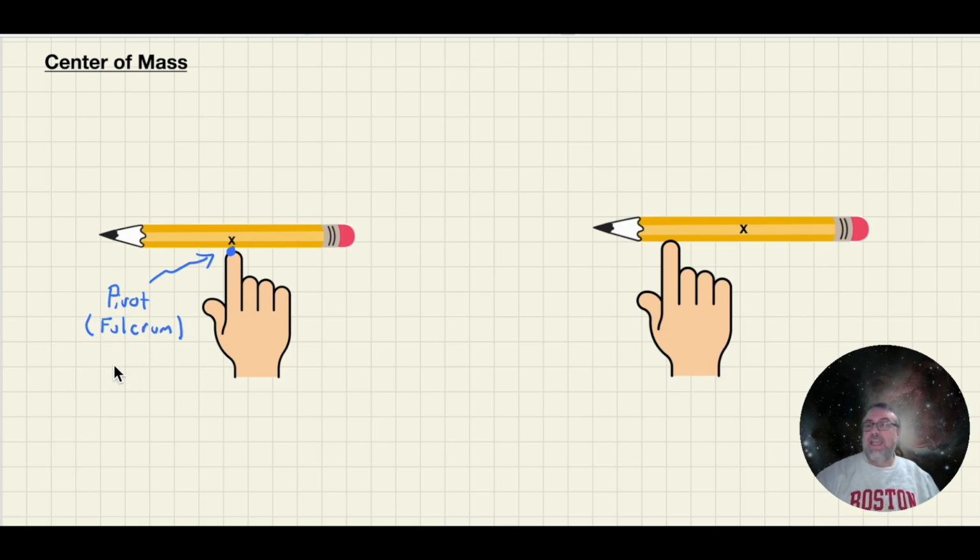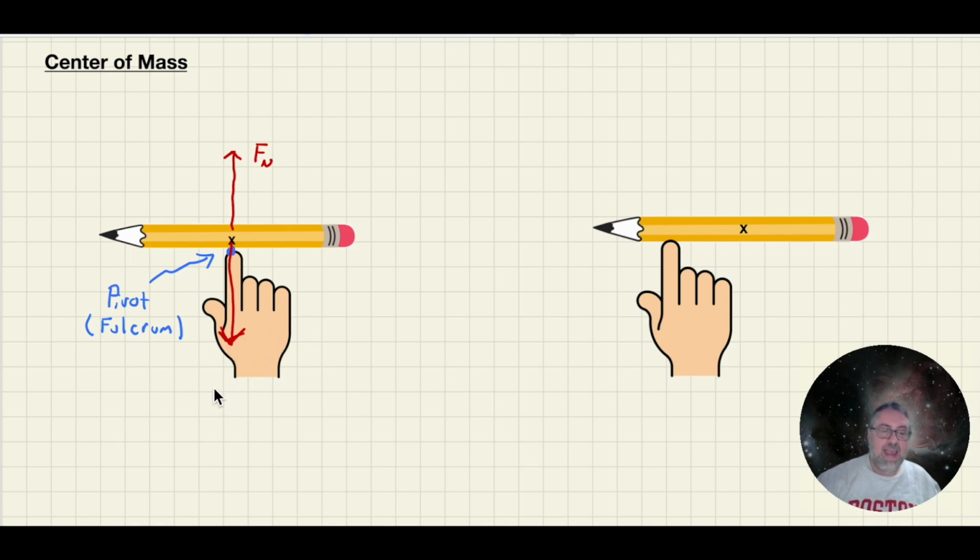Now, if I label the forces acting on the pencil, my finger is pushing up on the pencil, so there is a normal force here. And of course, coming down, the force of gravity seems to act at the center of mass.